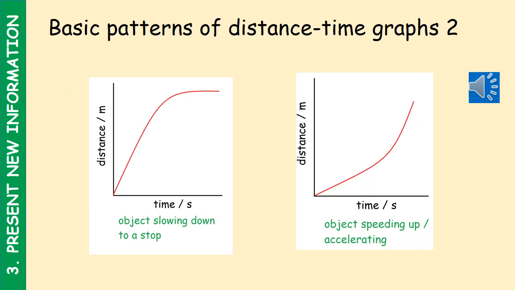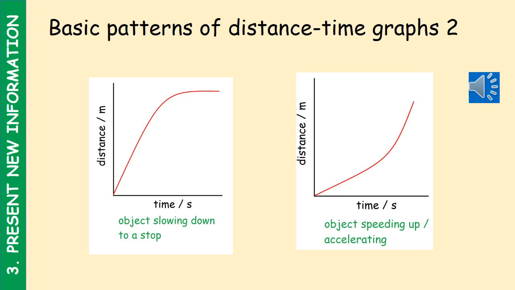These two graphs do not have a constant gradient. The gradient is changing. So in the left-hand one, the gradient is starting steeper and then gradually flattening out until the gradient is 0. And therefore we can interpret that as being an object slowing down and then stopping. So that object is decelerating.